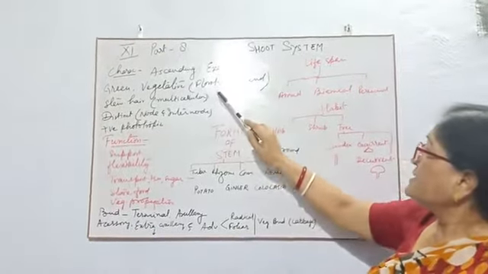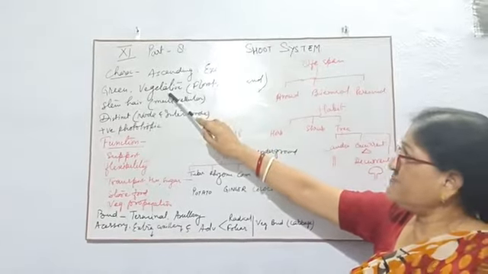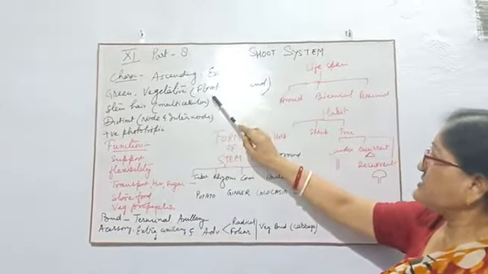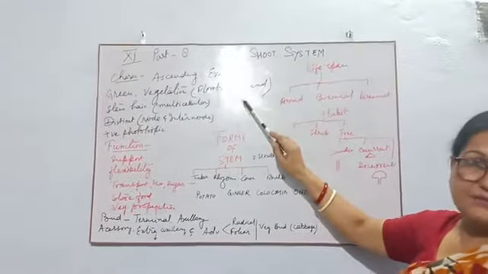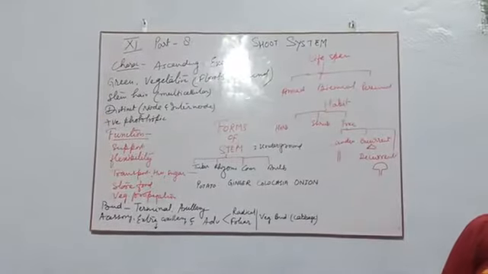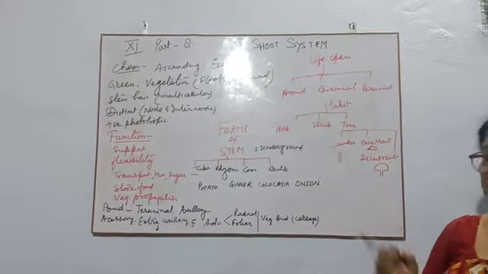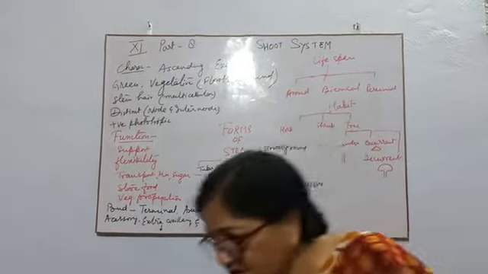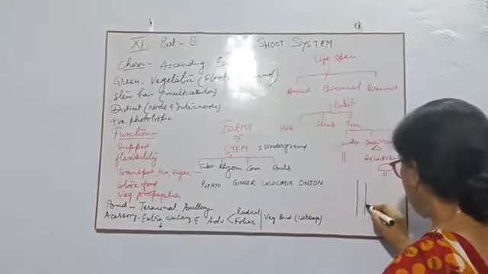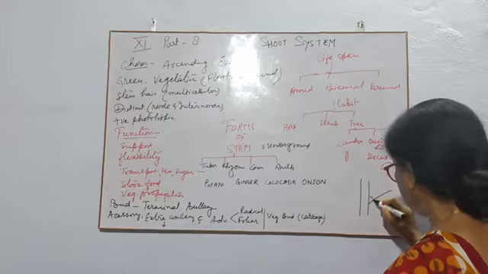But these vegetative parts of the stem or plant bear floral buds and terminal buds. This stem has mainly three types of buds: axillary, present in the axil of the leaf. Suppose this is the stem and this is the branch and this is the axil.